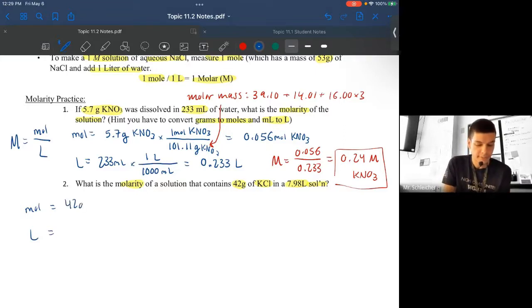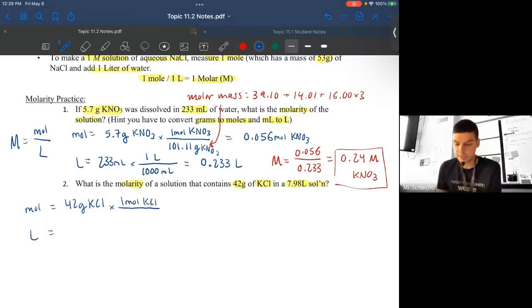So 42 grams of KCl. Let's figure out the number of moles that we may have. So in 1 mole of KCl, I need to figure out how many grams to put on the bottom to cancel out grams of KCl. I'm going to go ahead and solve that for you. If you look up the mass of K, we have 39.1 grams per mole in K. And the molar mass of Cl should be 35.45.